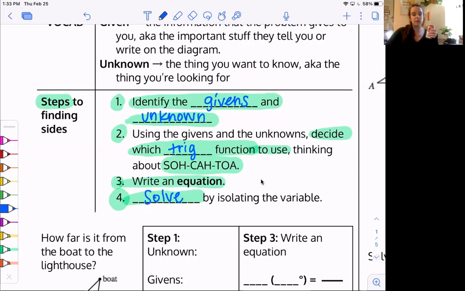Throw a Y in the chat when you are ready, when you have these steps written down on your paper. Thanks, Julie. Thanks, Mia. Throw a Y in the chat when you have the steps written down.